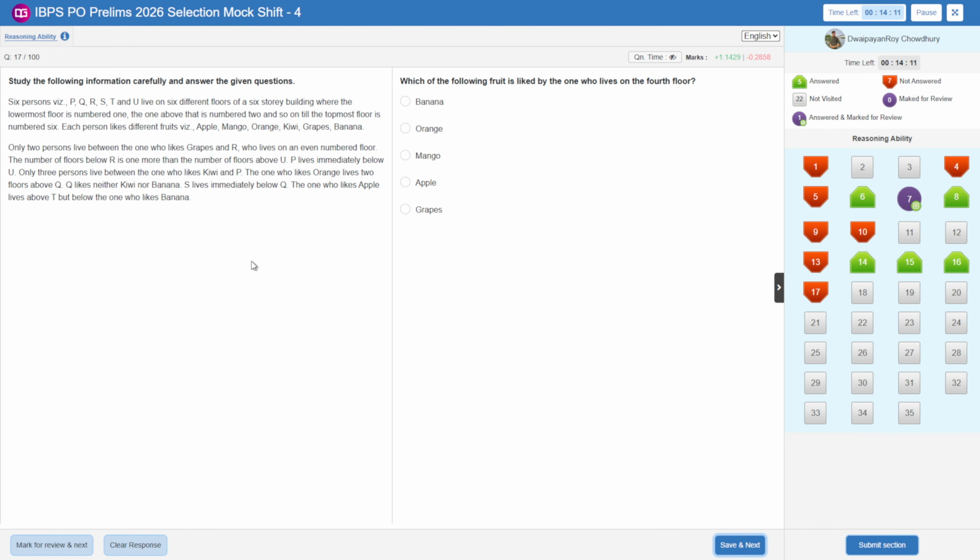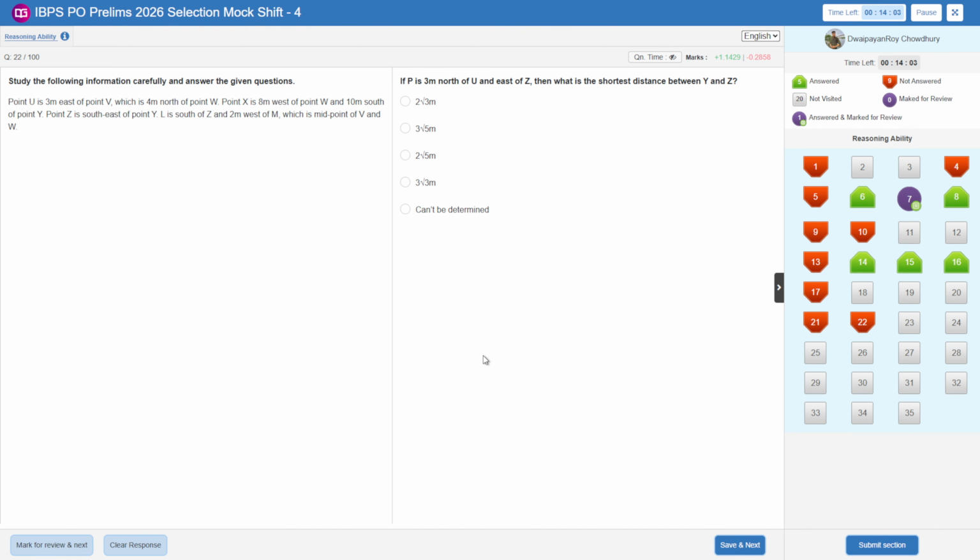6%, 6 different floors, only two doing okay. Doable. 17 to 20, 22. Then okay, direction distance. Let me do it first.